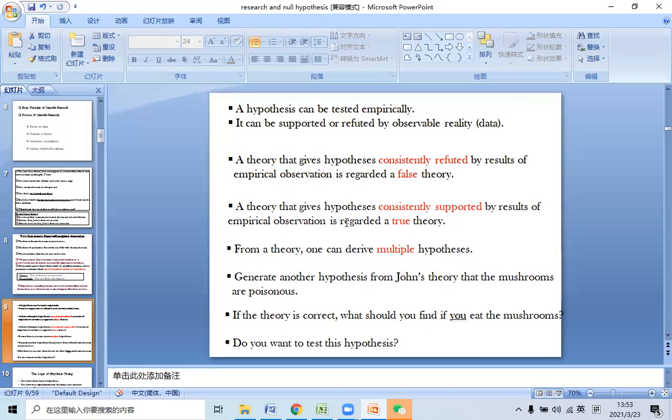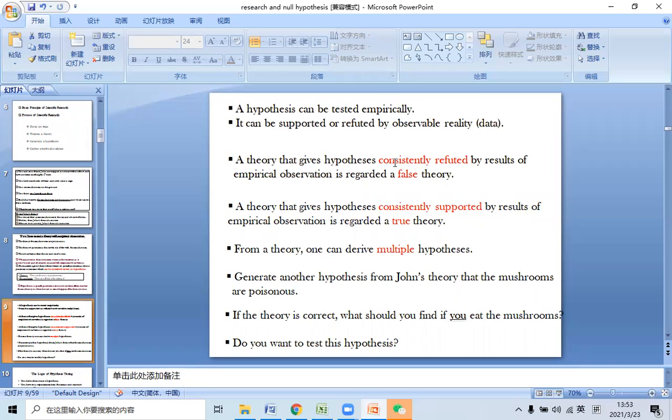It is highly likely to be a true theory. But if the hypothesis from the theory is refuted repeatedly by data, then you might conclude that the theory is not good, maybe a false theory.